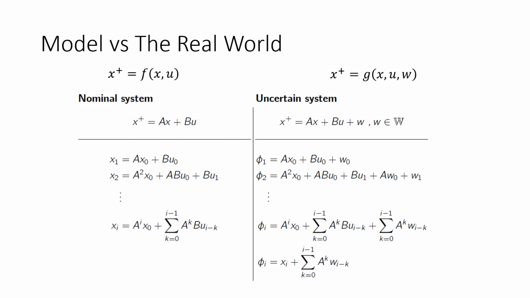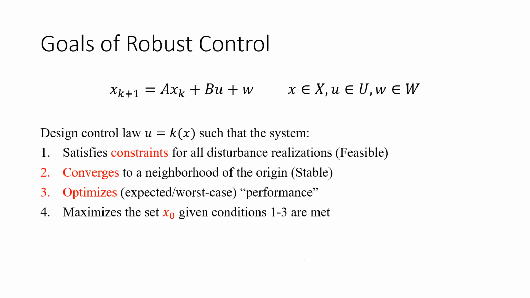But in the uncertain system, we have an extra term, which is the summary effect, the additive effect of all the noise that we can have in the dynamic system. That is the reason why we need a new type of control method, called robust control, to handle this effect of additive noise.